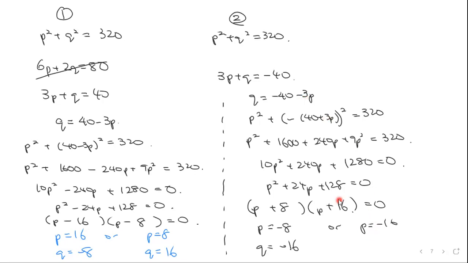And q must equal negative 40 plus 48. So that means that's 8, giving us 4 possibilities. So we've got 16, negative 8; 8, 16; negative 8, negative 16; negative 16, and 8. Those appear to be all of our values.